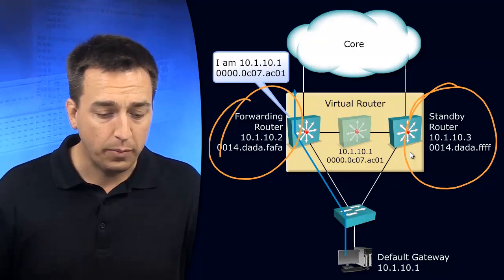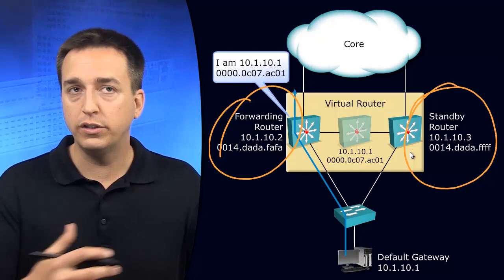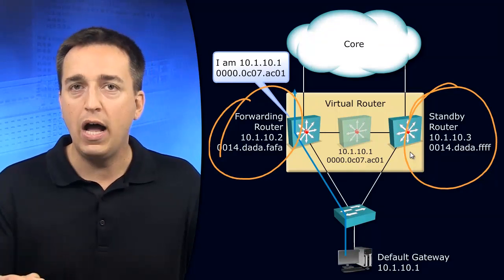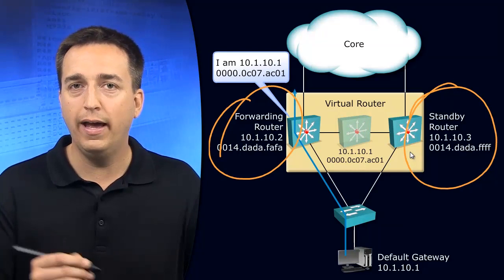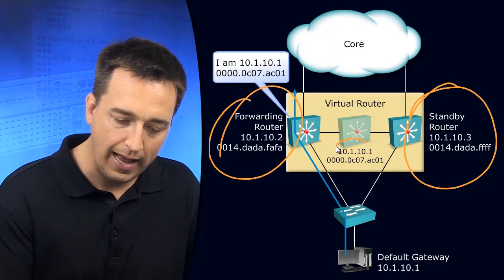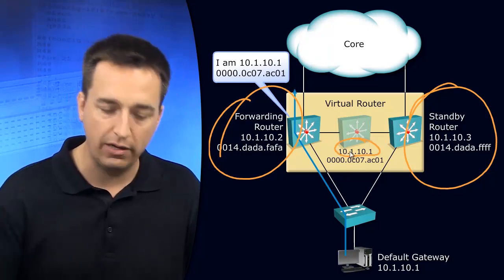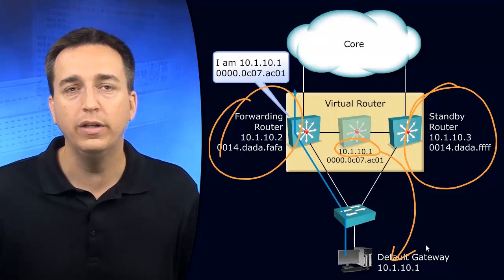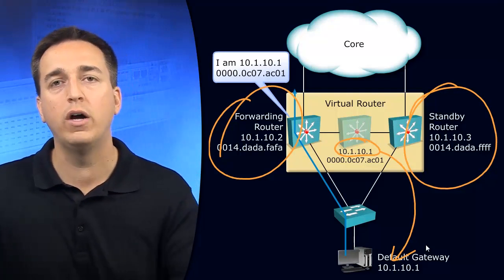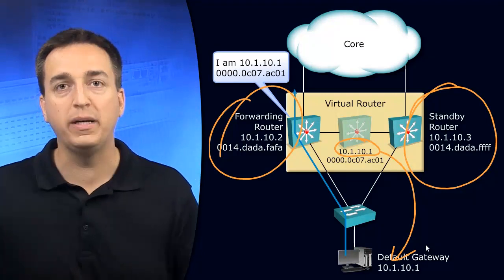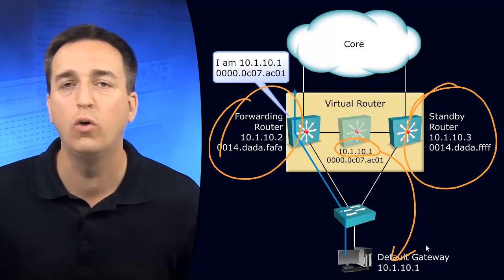With HSRP, we configure the routers in the group and we supply them with a virtual IP address. This virtual IP address is going to be the IP address that is given out to all of our clients. In this case, that virtual IP address is 10.1.10.1, and all the clients are going to be configured with the default gateway of 10.1.10.1.